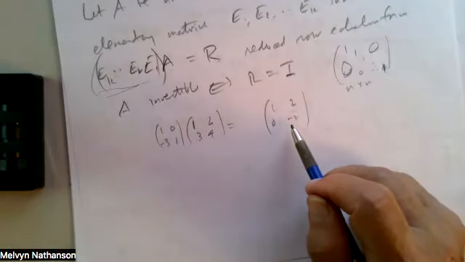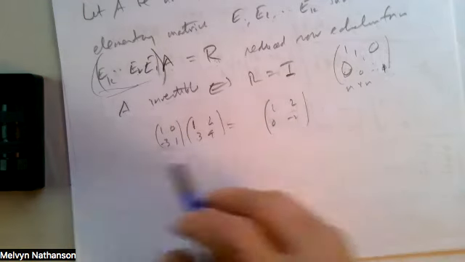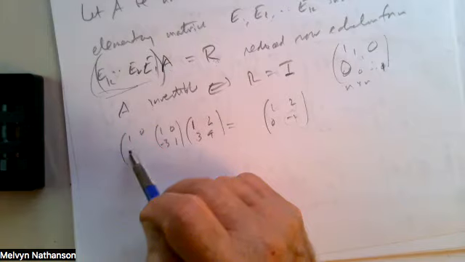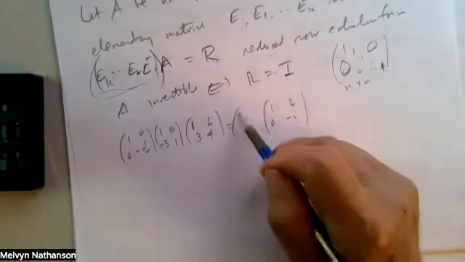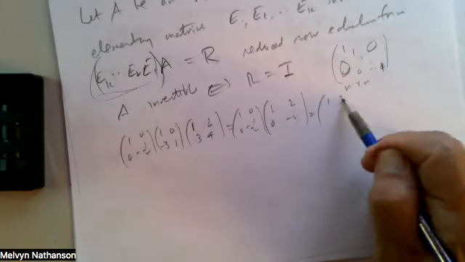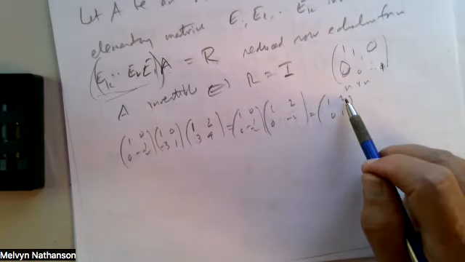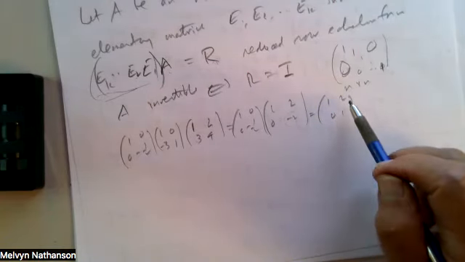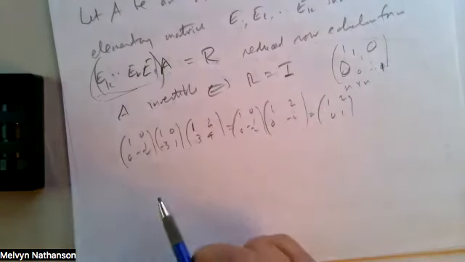Then I want to get a 0 here. So I want to multiply the second row by minus a half. 1, 0, 0, minus a half is going to give me 1, 2, 0, 1. And then I want to get a 0 here. So I subtract 2 times the second row from the first.